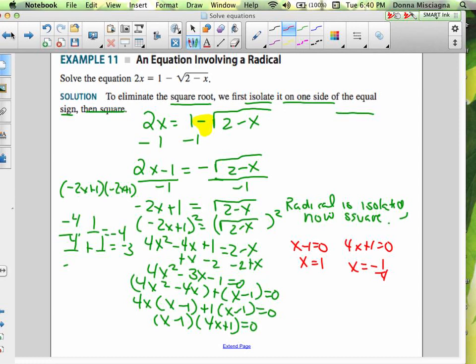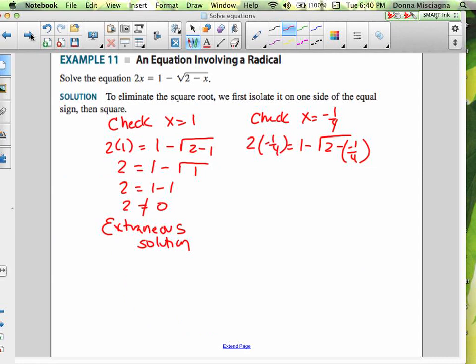No, I don't see any. Okay. All right, so this is going to be -1/2. That'll reduce, equals 1 minus the square root of 2 plus 1/4.